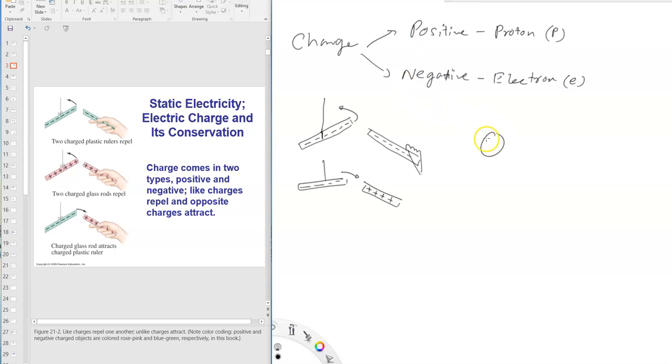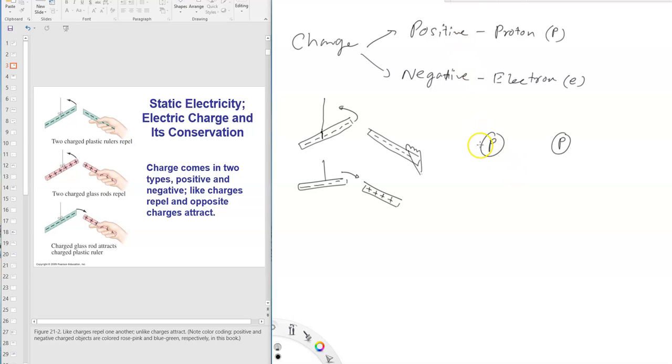Okay, so let's say you have a proton, and you bring a second proton close to it. They're both positive, so the force between them is a repulsion. The way we indicate that is they're pushing away from each other.